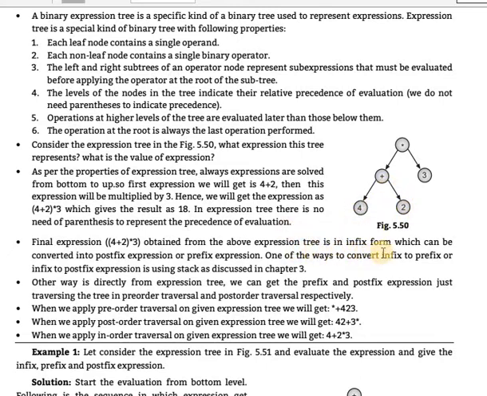So it is said to be the infix form. You can also convert it into a postfix expression and a prefix expression. Postfix means left, right and after that root. In a prefix expression, firstly root, then left and right. This condition is used.